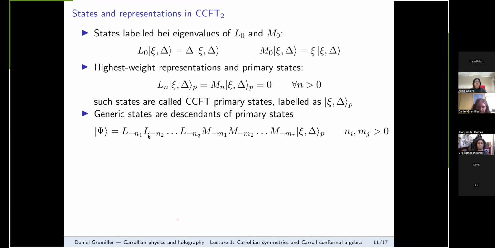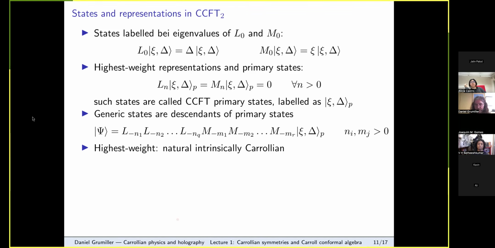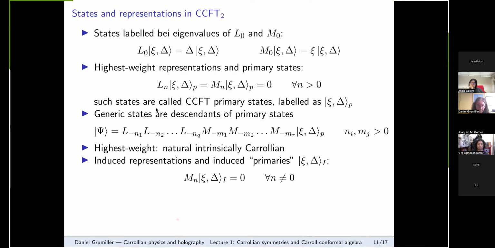However, let me point out that besides this very natural looking representation, there's another one that can be natural in other contexts. So this highest weight representation is natural if your approach to Carroll physics is intrinsically Carrollian. If you don't have any parent CFT or some gravitational context, then I would argue this is a very natural representation to use. But there's another one that is important, and this is the so-called induced representation.